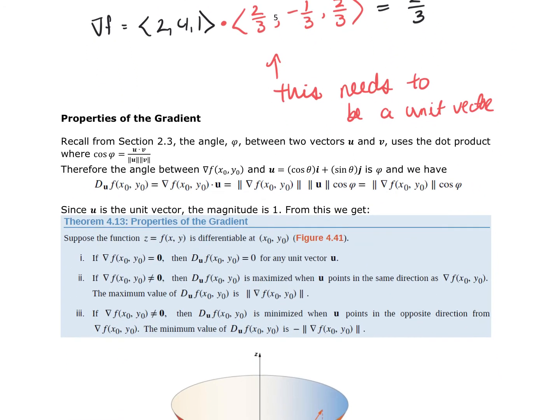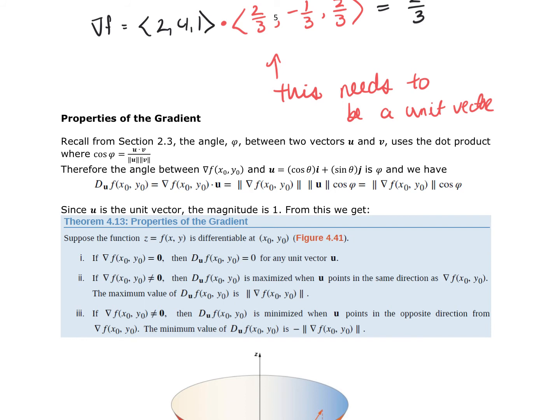Now, if we recall from section 2.3, the angle phi between the two vectors u and v uses the dot product, where the cosine of phi is going to be the dot product of u and v divided by each one of the magnitudes.